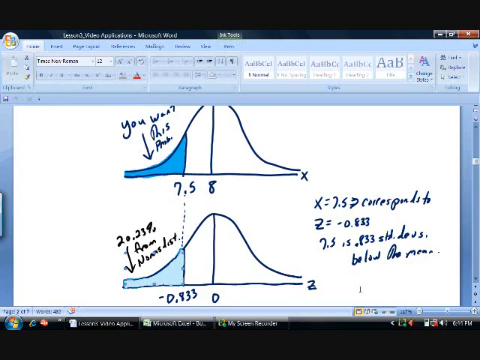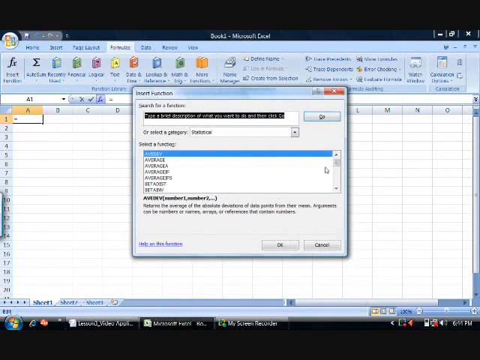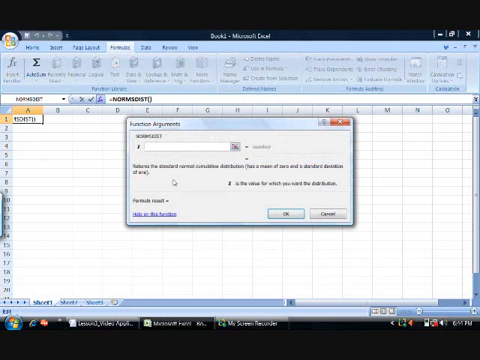Let's do that. Going to Excel, deleting what I had earlier. F of x, NormsDist distribution, statistical's already there because that's what we're using now. I go to NormsDist distribution, okay, and I plug in my z value of minus 0.8333.